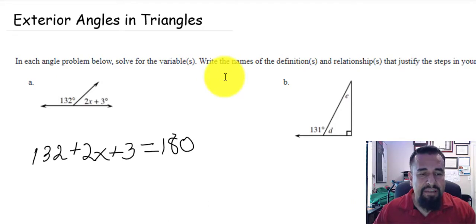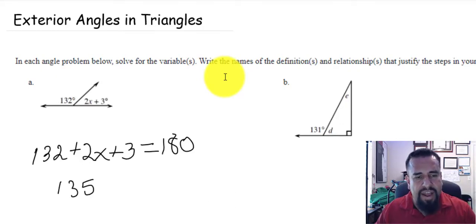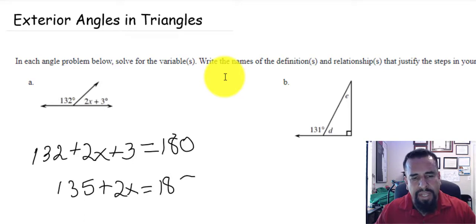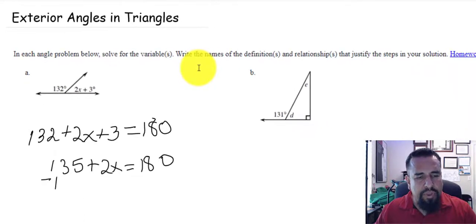Now I just simply have a simple equation to solve here. So I'm going to combine the 3 and the 132, and that's going to give me 135 plus 2x equals 180. Go ahead and subtract 135 from both sides.